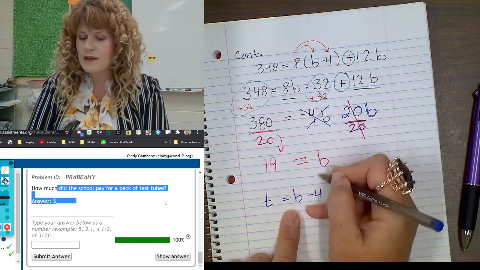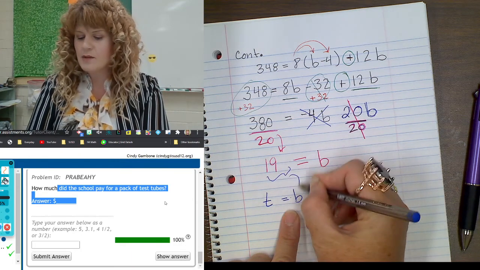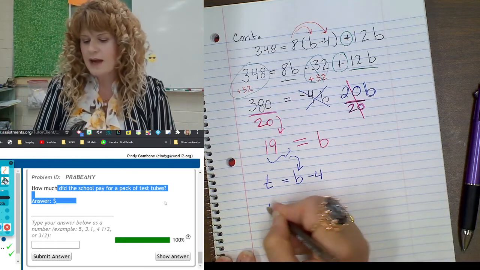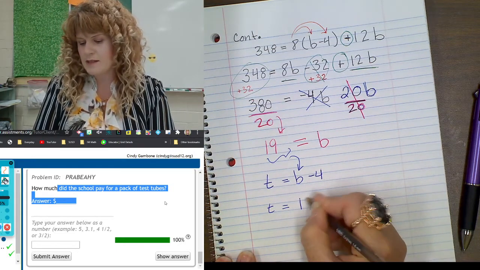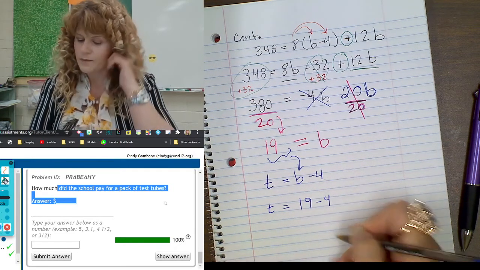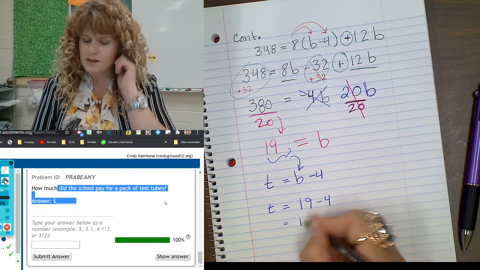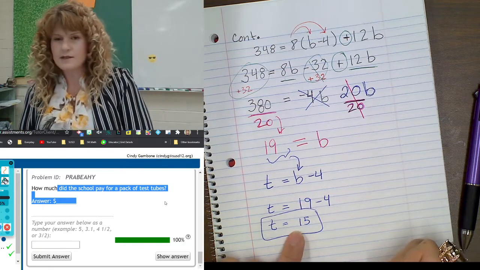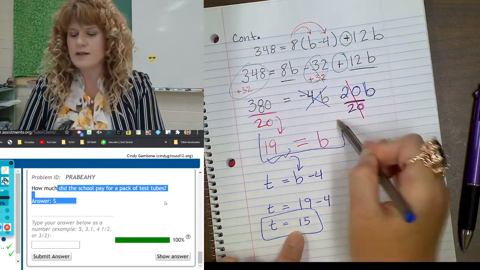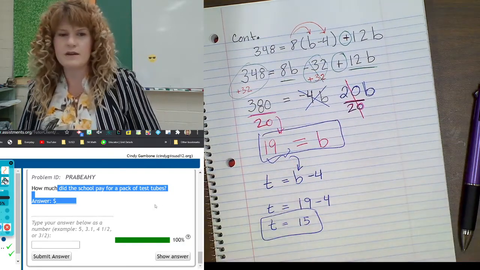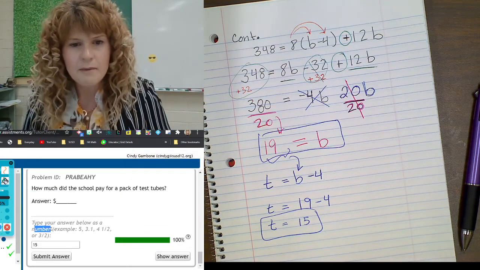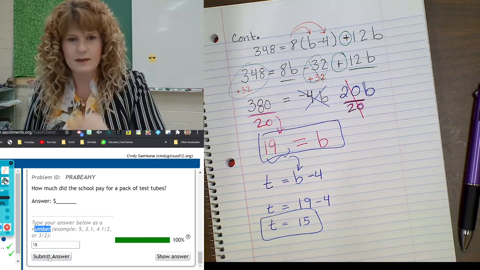Now we know B equals 19, so I can substitute in 19 for B. And I get the cost of test tubes is 19 minus 4, which is $15. And that makes sense. The cost of test tubes is $4 less than the cost of beakers. Go ahead and submit your answer as a number. It tells you how to submit it.